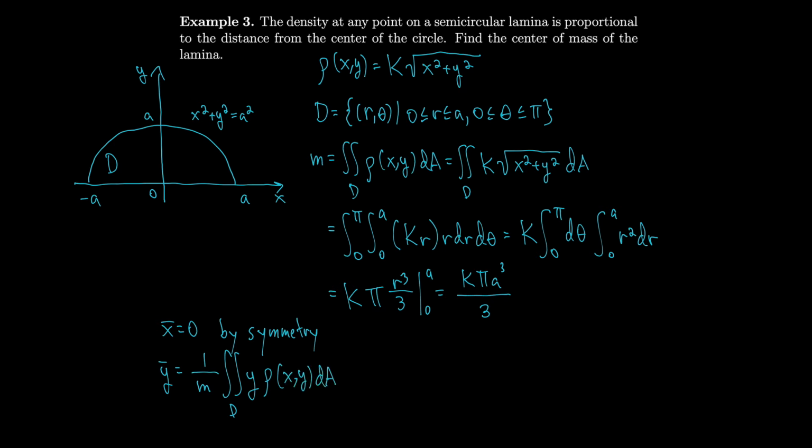Okay, so throwing our y in there, we get 3 over k pi a cubed, because we take 1 over m, and then we have 0 to pi for our first integral, and then 0 to a for our inner one of r sine theta times k r r dr d theta, because y is just r sine theta.